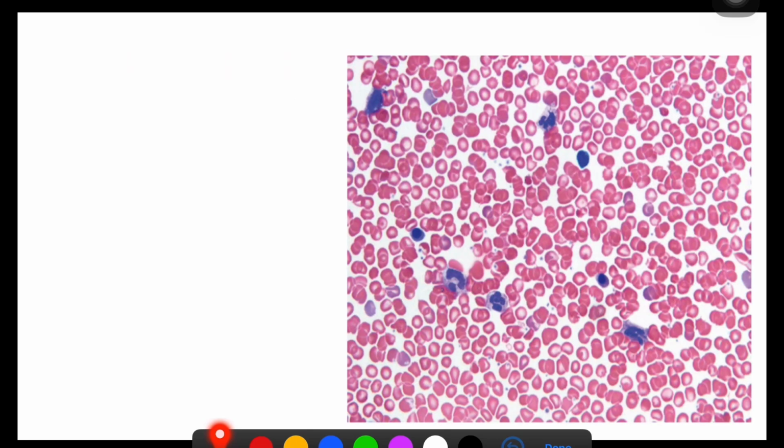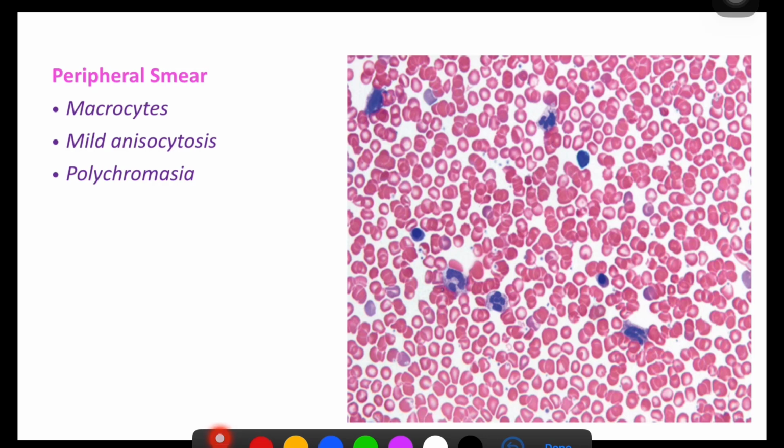So, let us see the peripheral smear. Here you can see in the peripheral smear macrocytes. You can identify macrocytes. Then mild anisocytosis. So, some of the cells are small, some are macrocytic, right. So, the mild anisocytosis. Polychromasia.